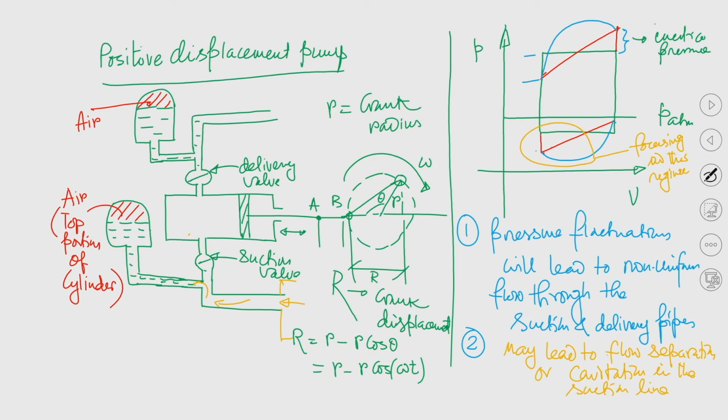Since the air chamber is connected very close to the delivery valve, when the flow rate through the delivery pipe is less than the average flow rate, the stored energy will push the liquid back to the delivery line and the flow rate will be maintained constant, right.